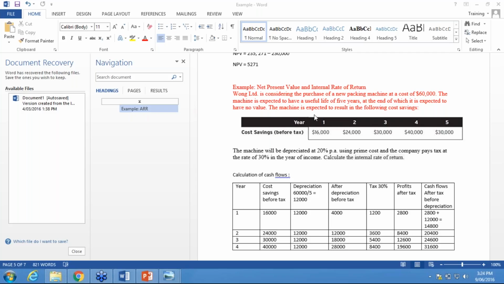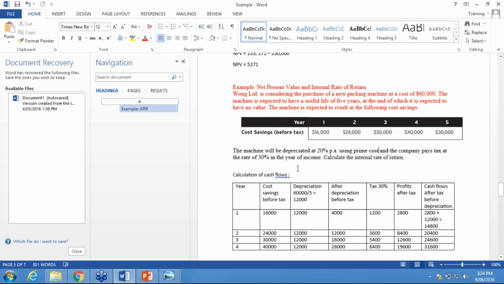The machine is expected to result in the following cost savings: year 1, year 2, year 3, 4, 5. The machine will be depreciated at 20% using the prime cost method. Okay, 20%. And the company pays tax at the rate of 30%.